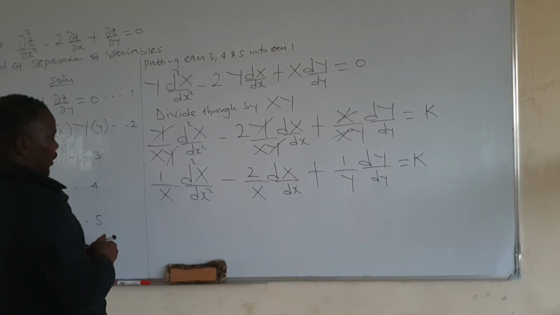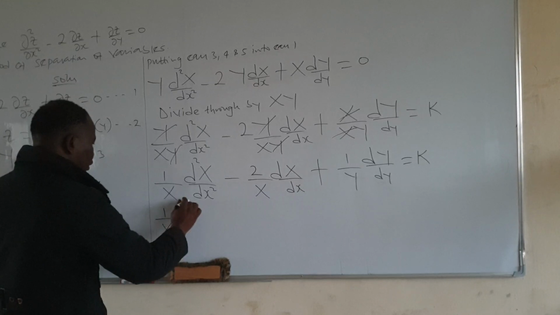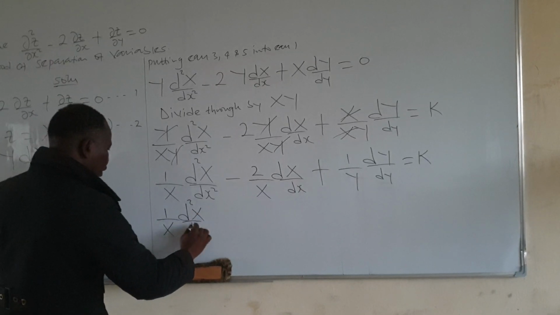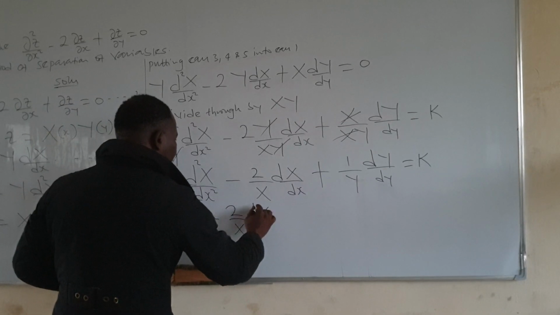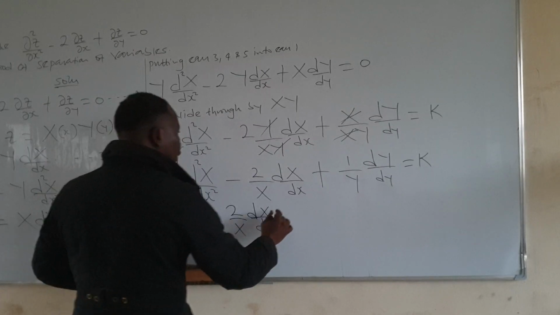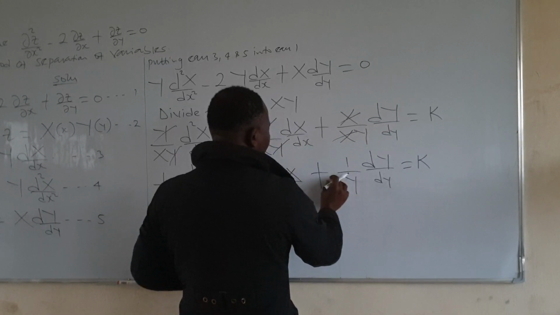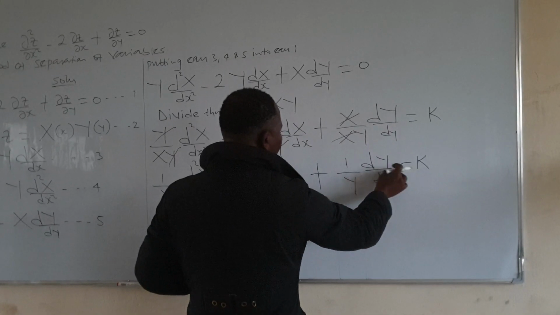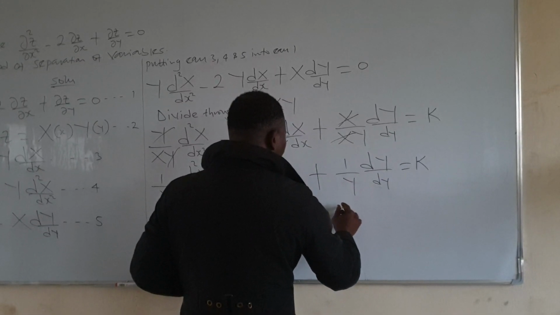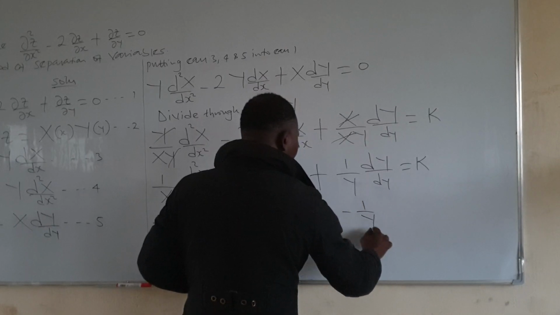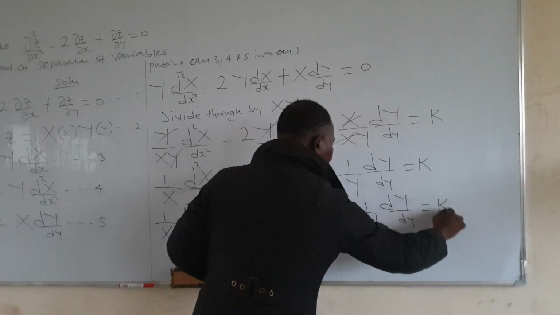So we are going to equate this to k: d square X all over dx square minus 2 all over X dX all over dx equals k. And this one crosses the sign of equality and becomes minus, so we have minus 1 all over Y dY all over dy equals k.